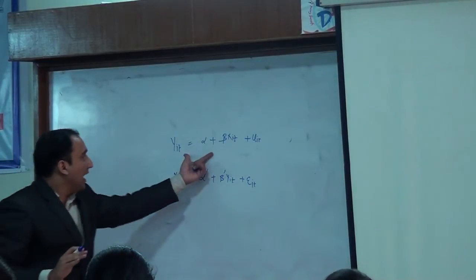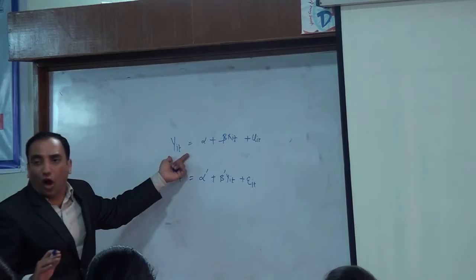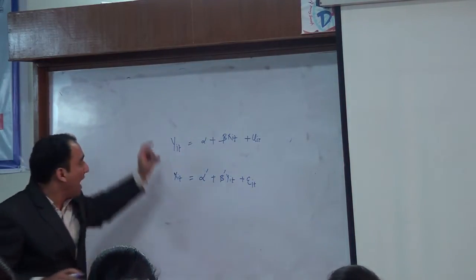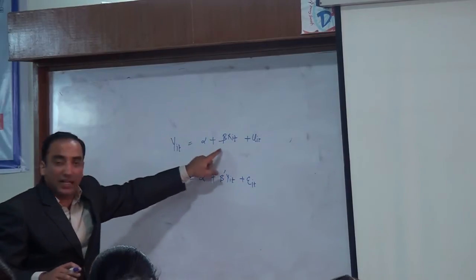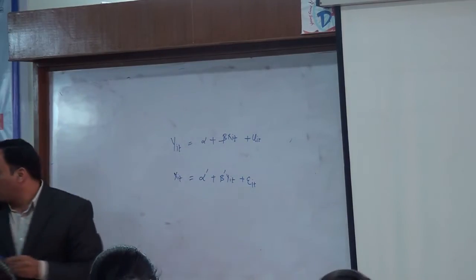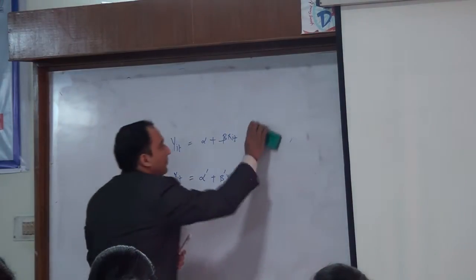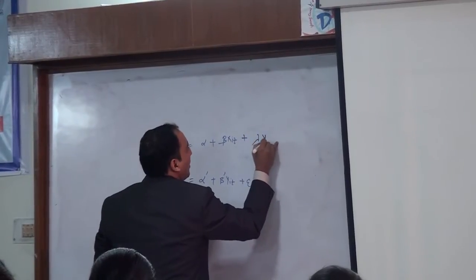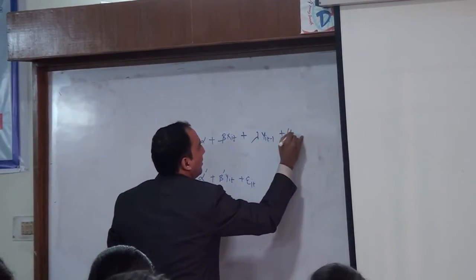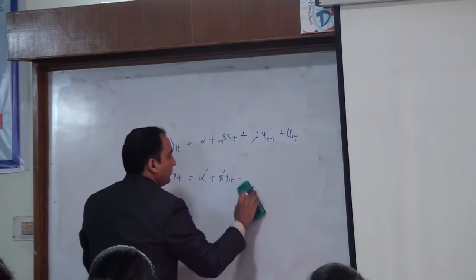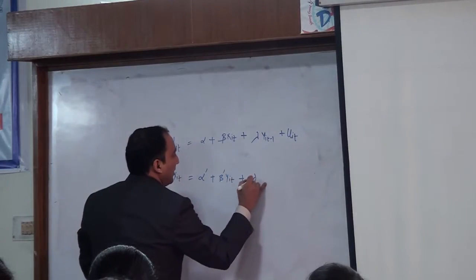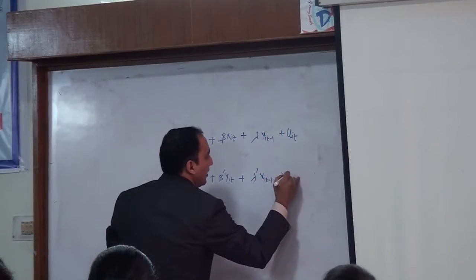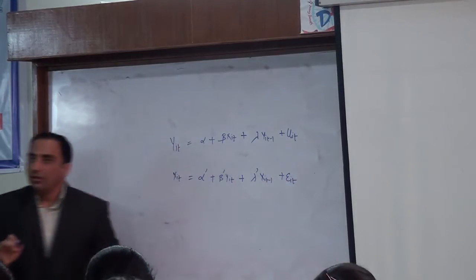However, rather than taking this in normal form, if I take this in a vector form, I have y which is dependent on, sorry, I missed one thing, plus lambda y_it-1 plus u_it, plus lambda dash x_it-1 plus epsilon_it.